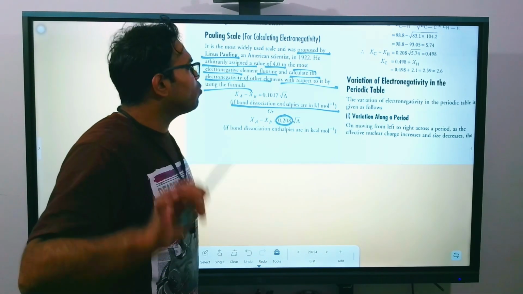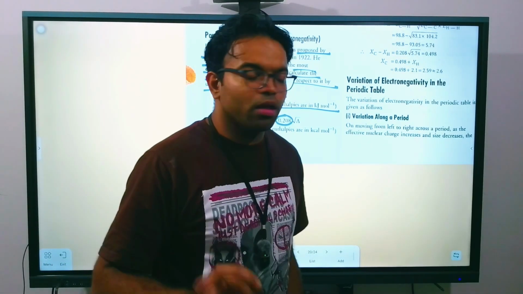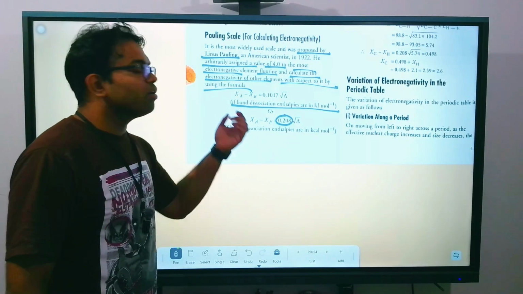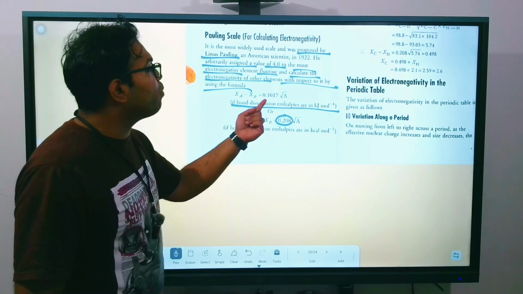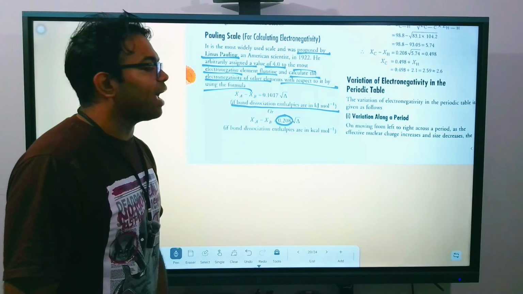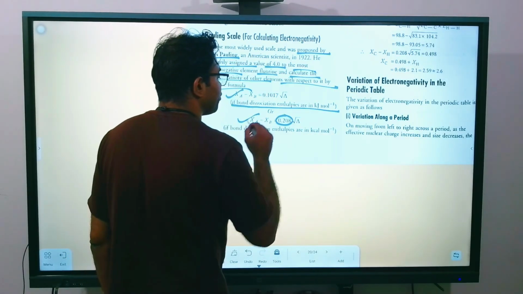So 0.1017 for kilojoules per mole or 0.208 in the case of kilocalories per mole. These are the two formulas that you need to remember.